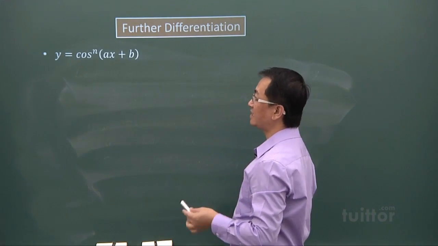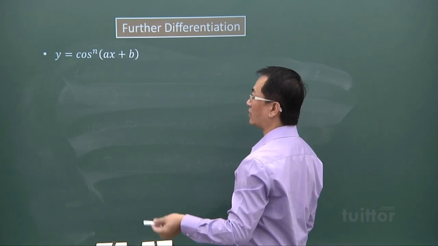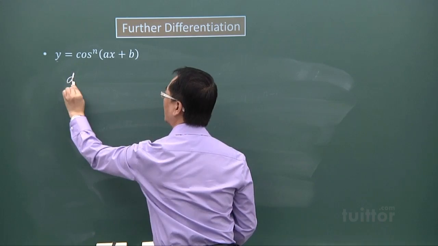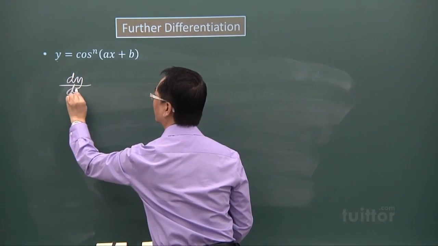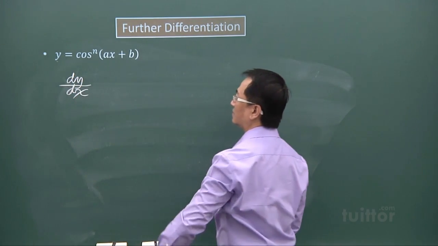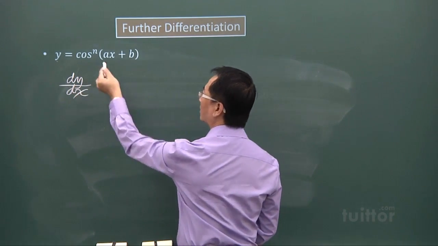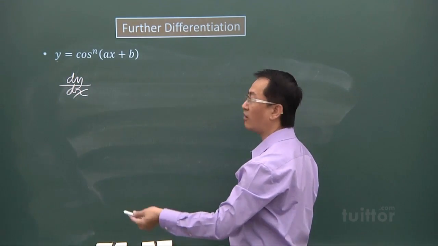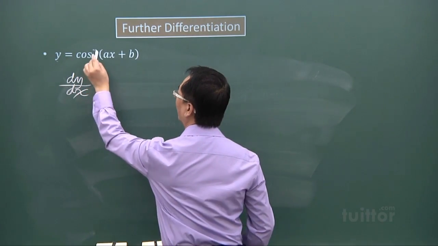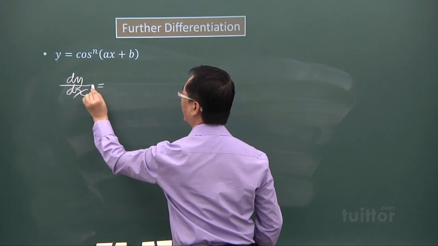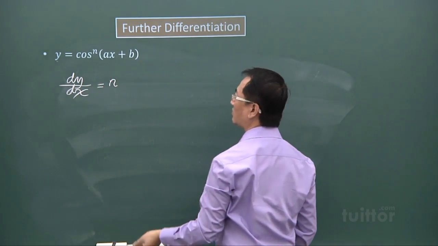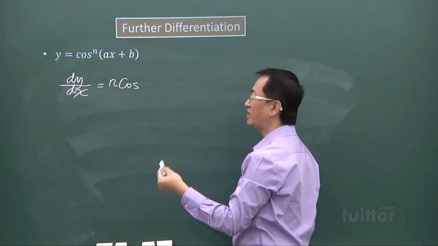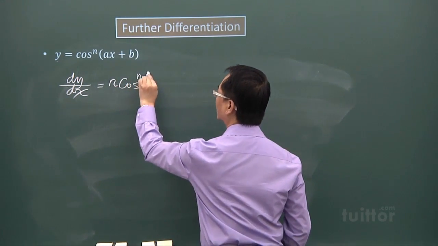We'll look at this question using the shortcut approach. So this is y, so it's going to be dy over dx, because the cos function is a function of x. Now the index here will become the multiplier, then cos, the index reduced by 1, so n minus 1.